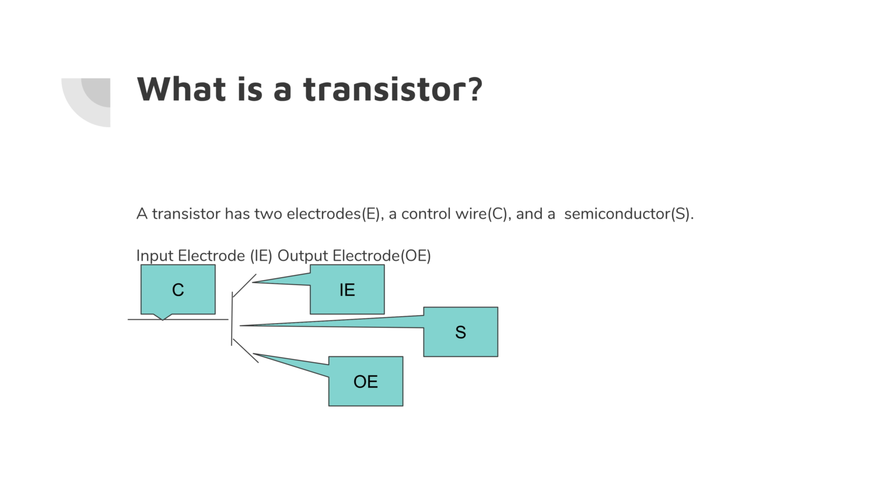And a transistor has two electrodes. It has an input electrode and an output electrode. And we're going to label them IE and OE.